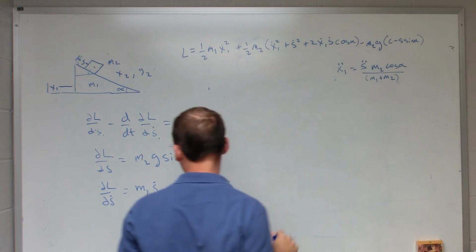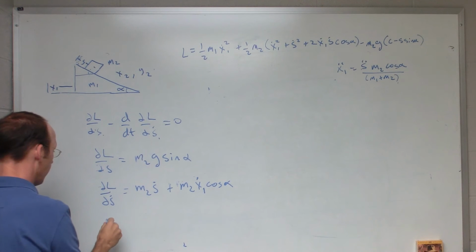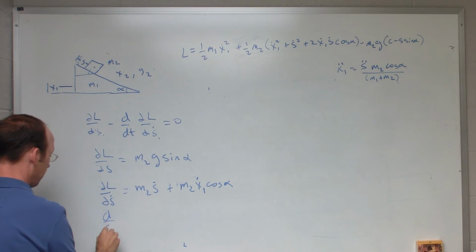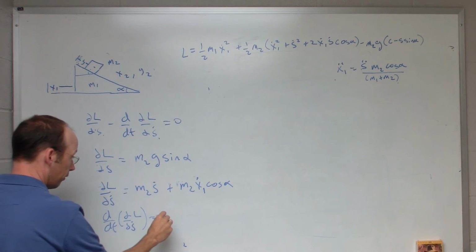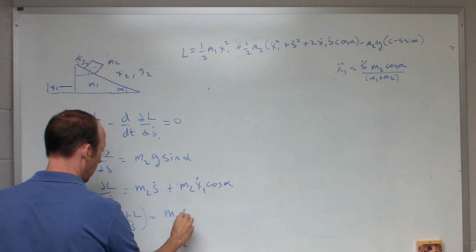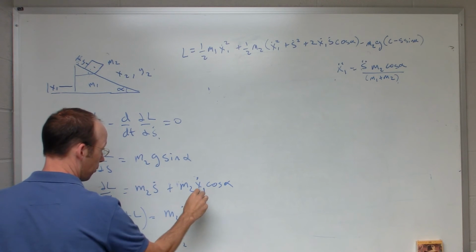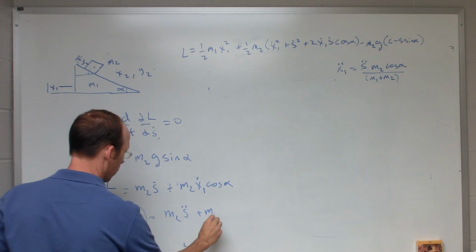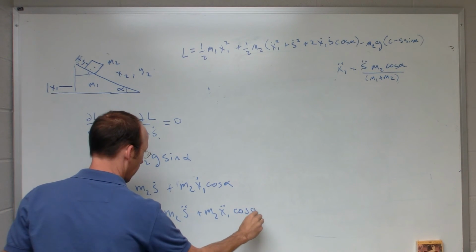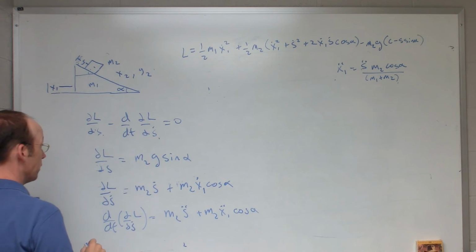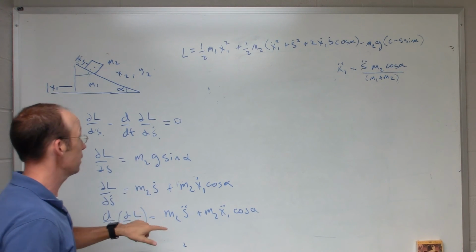So now I can take the derivative with respect to t of the partial of L with respect to s dot. That one's pretty easy, m2 s double dot, and that one's pretty easy too, plus m2 x1 double dot cosine alpha. And so now I can put this together. This minus this equals 0.